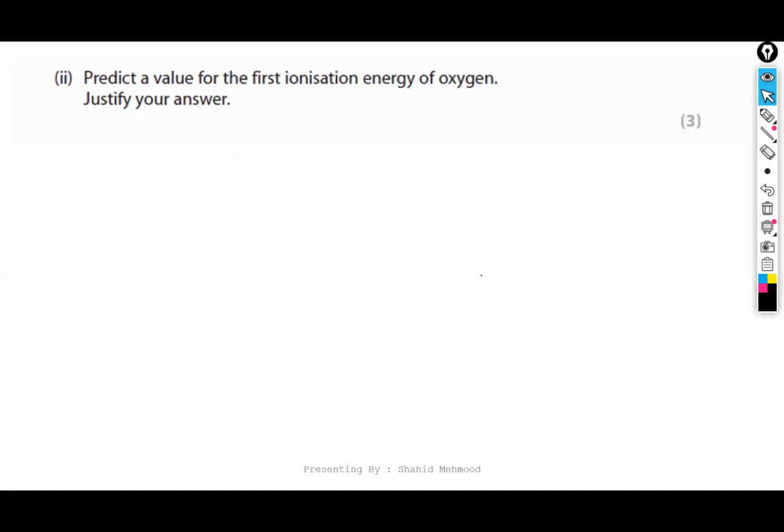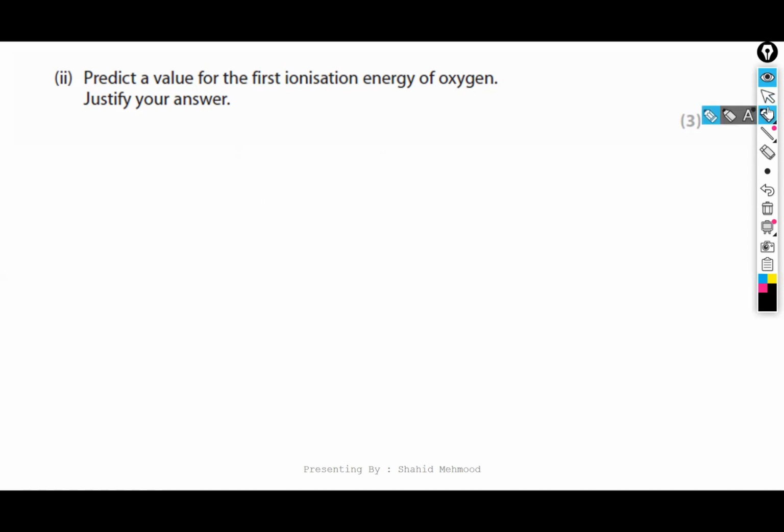Predict the value for the first ionization energy of oxygen. Justify your answer. Now, this question you have to think deeply. Now you have to focus on what should be the value for oxygen in the second period.